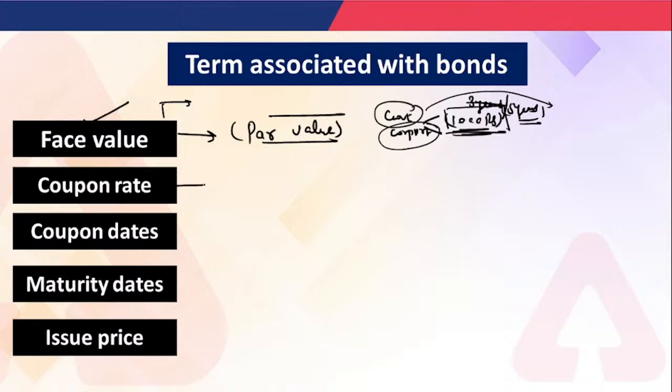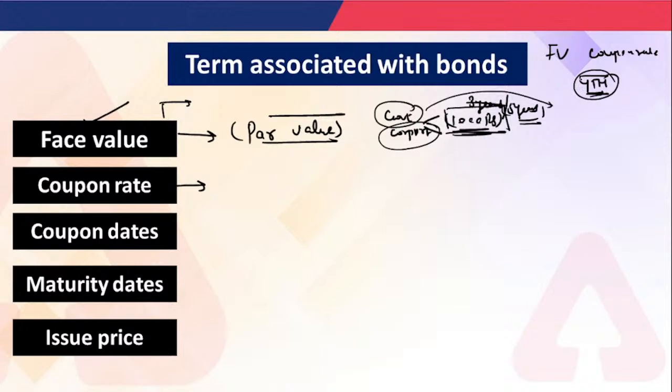Now, what do we understand by the coupon rate? That is the most important thing you have to understand. Whenever you see a coupon rate in the examination, in any question you are going to get the face value and the coupon rate given, and YTM is also given. We are going to understand YTM in the next session.